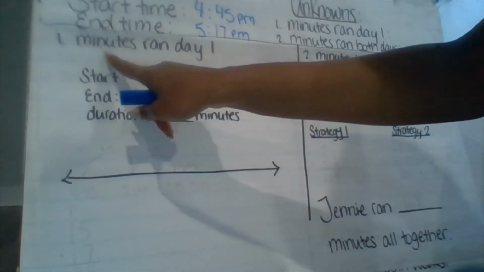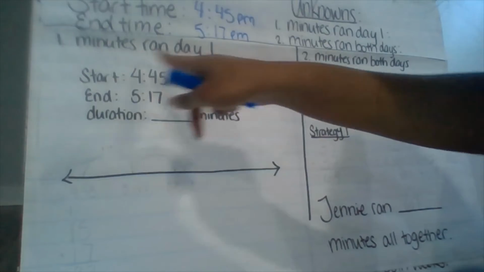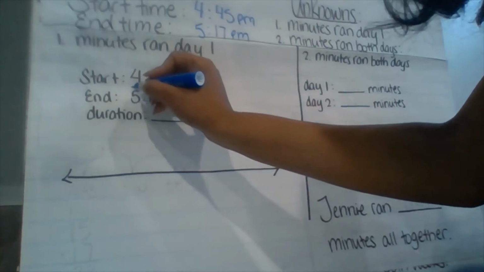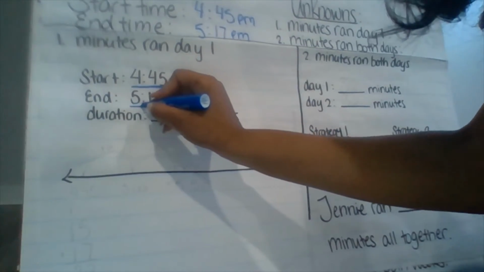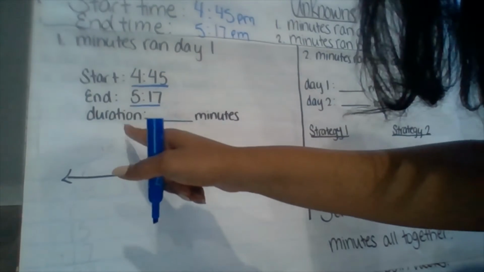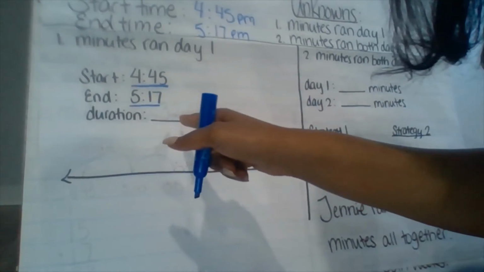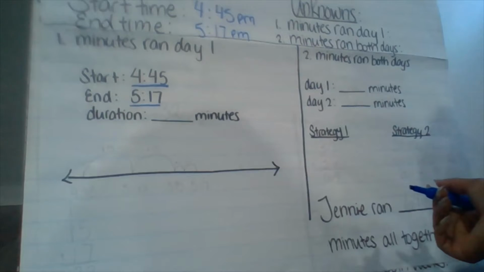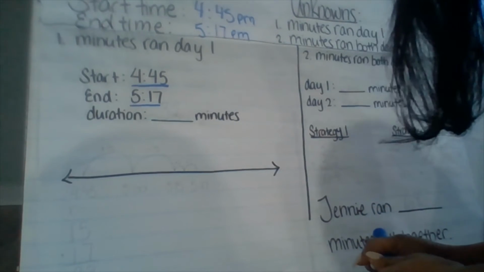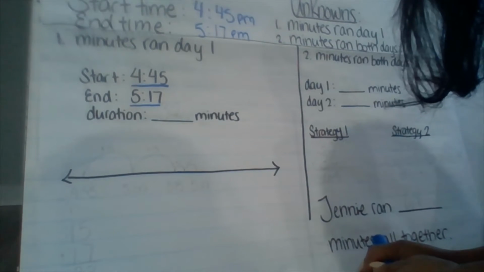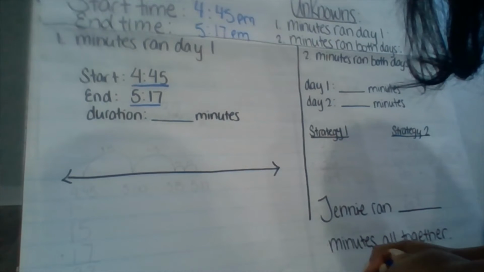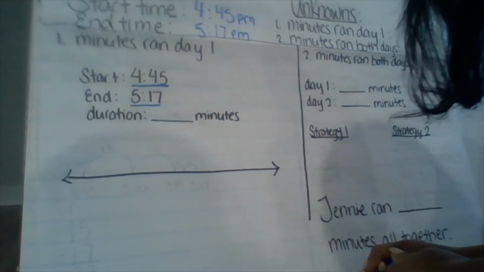So I know that to solve the minutes she ran for day 1, her start time was 4:45 p.m. and her end time was 5:17 p.m. I don't know how long or the duration, so that's what I need to solve for. So I can solve using two different strategies. The first strategy I would like to use is a number line. This number line strategy can help me visualize how many minutes she ran in total on day 1.